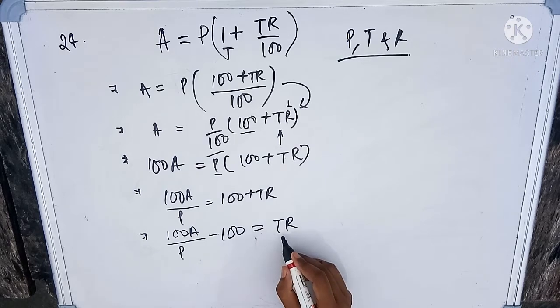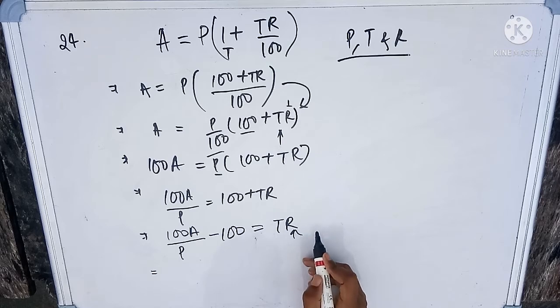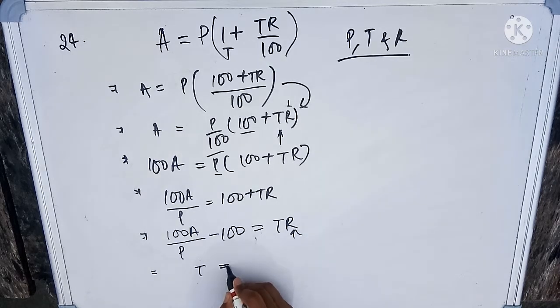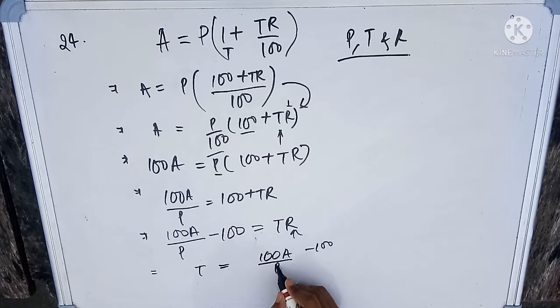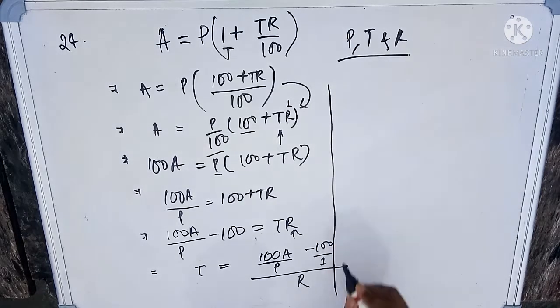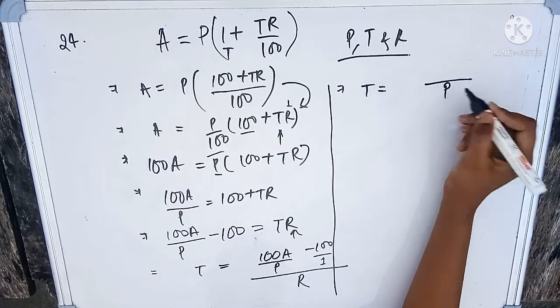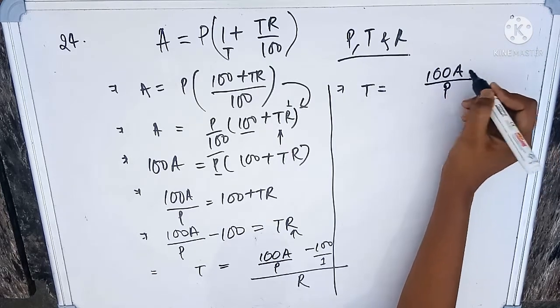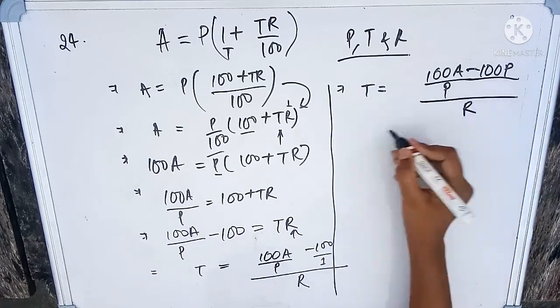Now this is given here in multiplication, so you will transfer this r to the other side in division mode, and it will be written as t is equal to 100A divided by P minus 100, and whole divided by r. Now in the previous video we saw that we have to solve this by taking LCM over here, and this can be written as t is equal to, P as LCM, it will be 100A minus 100P, divided by r.